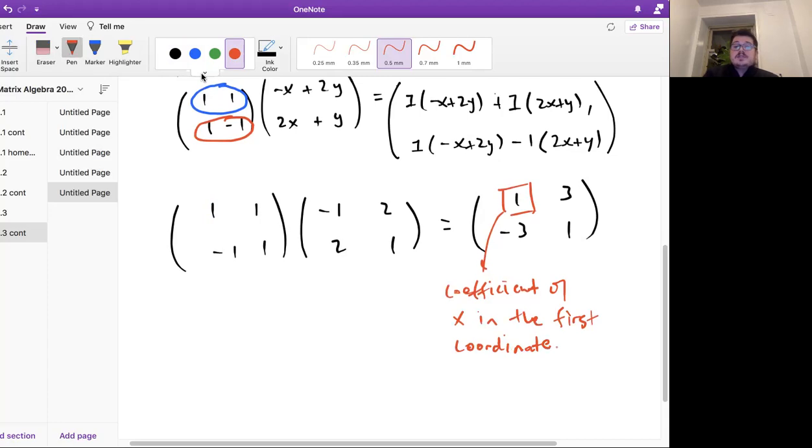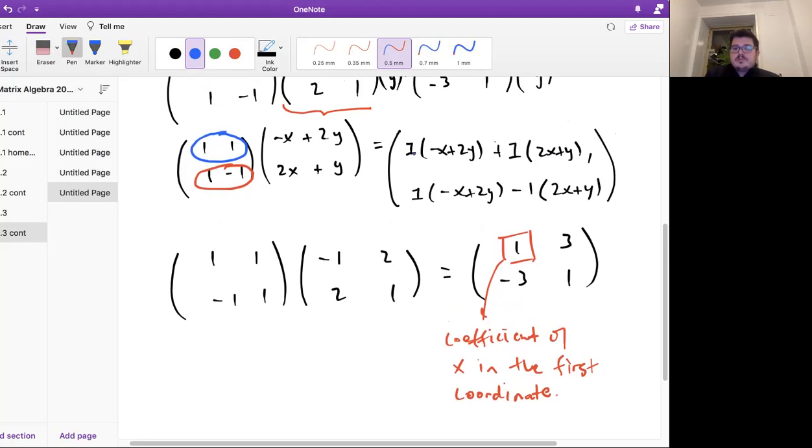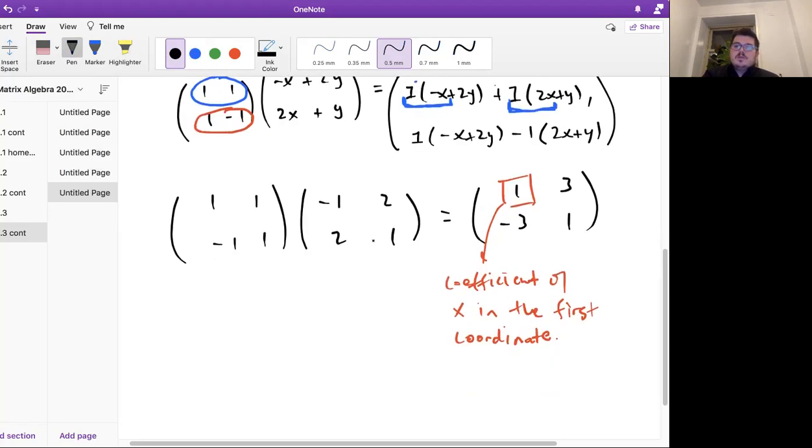Now let's look at our result in our composition and read it out here. Well, there's 1 negative x here, and there's 1 2x here. So what this really is, is 1 times -1 from your first contribution here, and then plus 1 times 2. So that's here. I'm looking at these respectively.